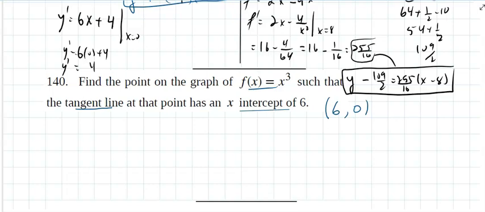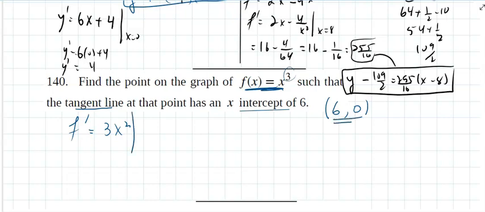Tangent line, I need a tangent slope. Well, how do you do that? You take f prime, which equals, bring the power down, subtract 1 from the power. Okay, now we have all the information. Let's see what is it they want. Find the point on the graph of this such that the tangent line has an x-intercept of 6, 0.